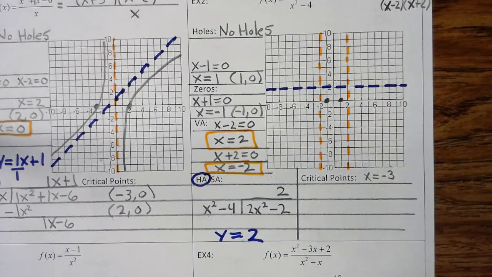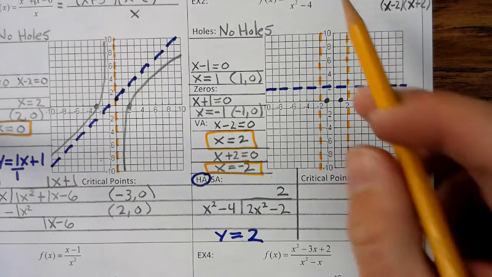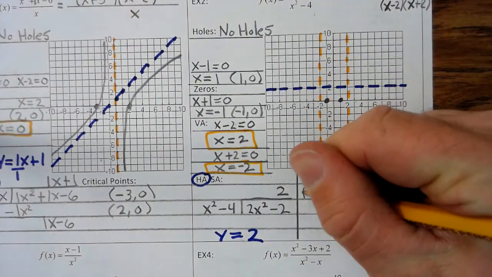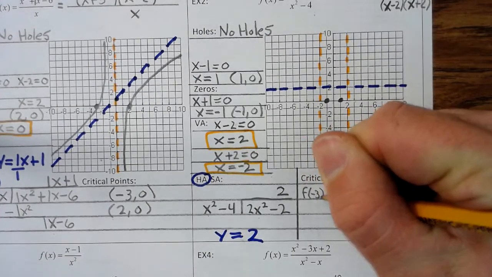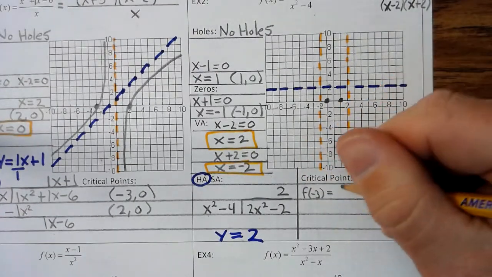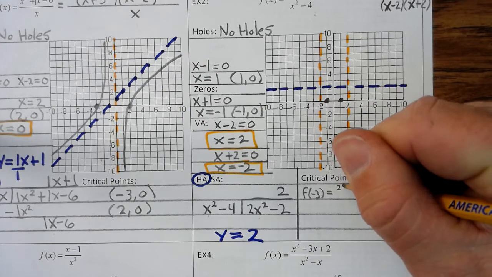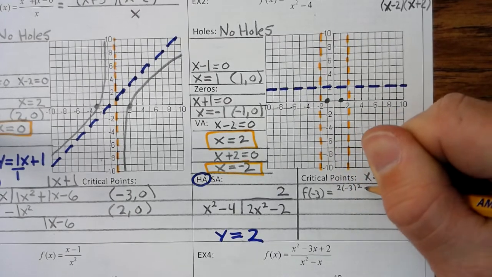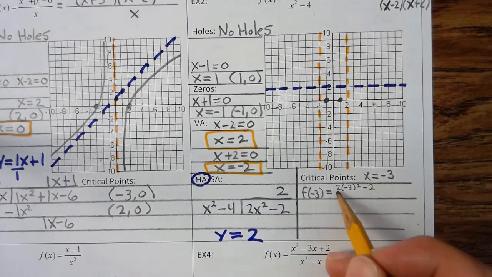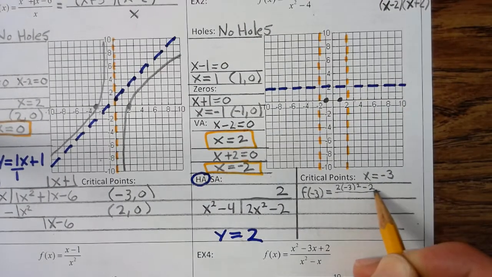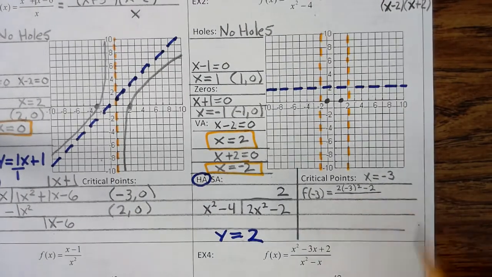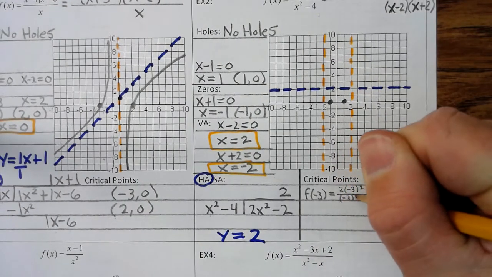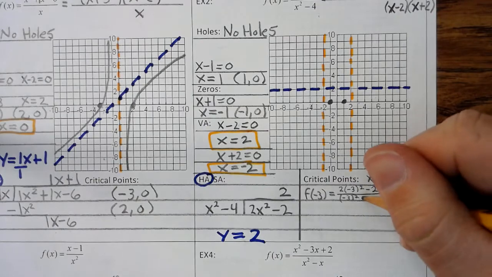So we need to actually plug -3 into the expression. So f of negative 3 equals 2 times negative 3 squared minus 2, divided by negative 3 squared minus 4.